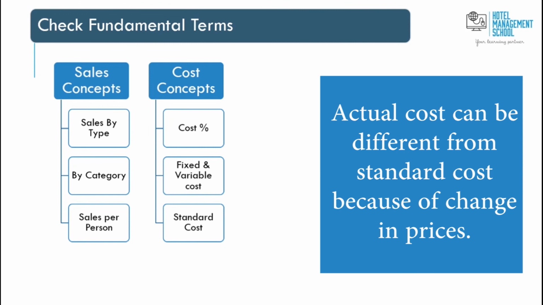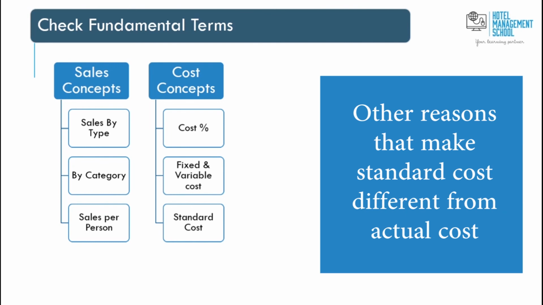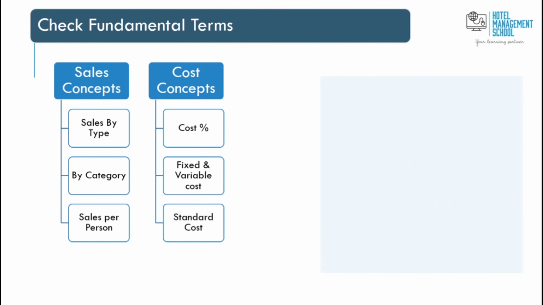So what are the reasons? One reason I already told you: the change of price can make the actual cost and the standard cost different. What are the other things that can make standard cost different from the actual cost? Use of extra rice, right? Maybe when you are making fried rice, the chef is not measuring on the weighing scale.